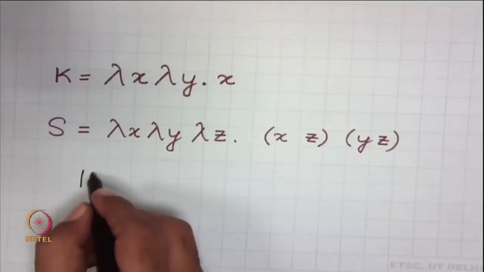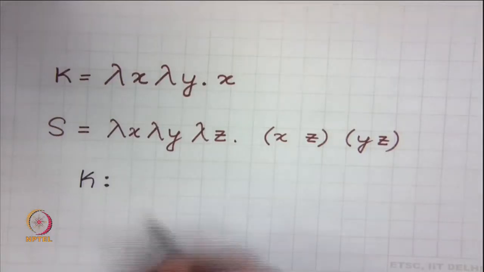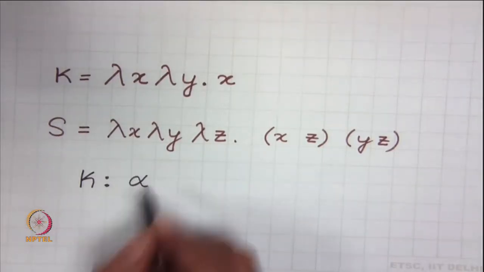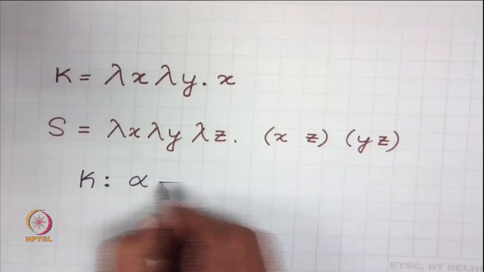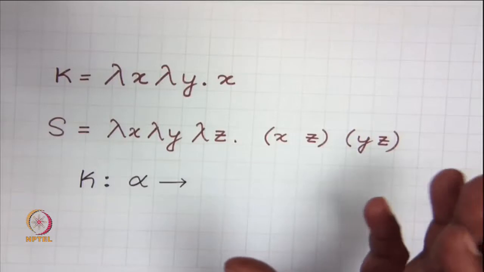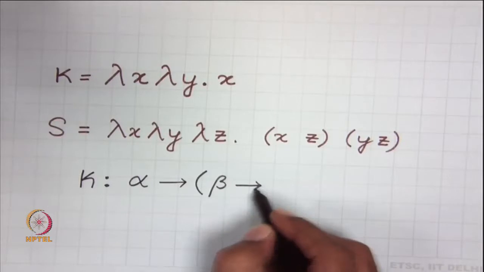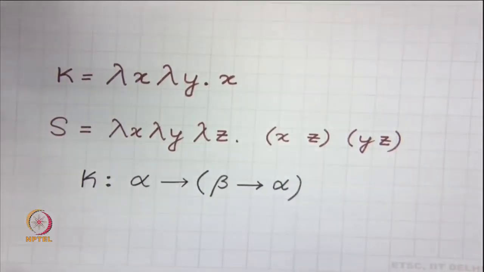Have you ever tried to find it? Take the lambda calculus of simple types or even polymorphic types, it does not matter. What is the type of K? It takes x which may be of type alpha and it produces a function lambda y x, which is a function of this type, right.